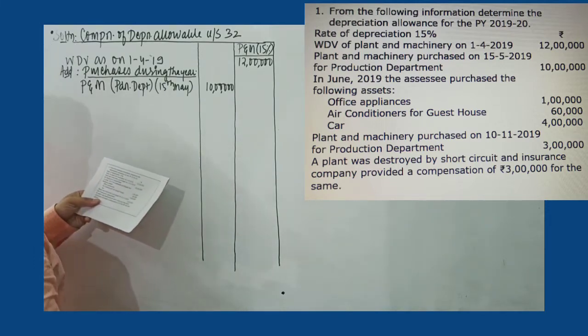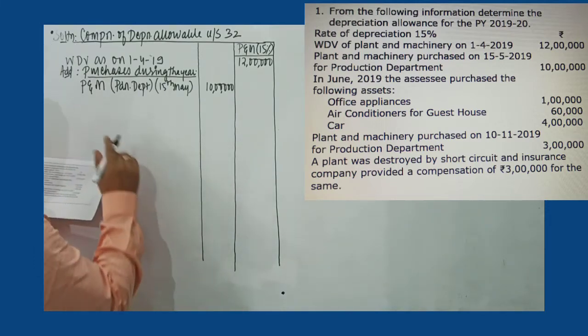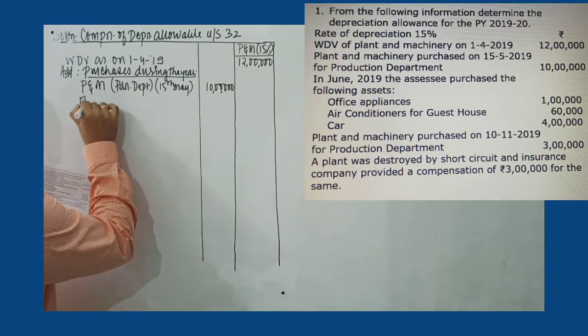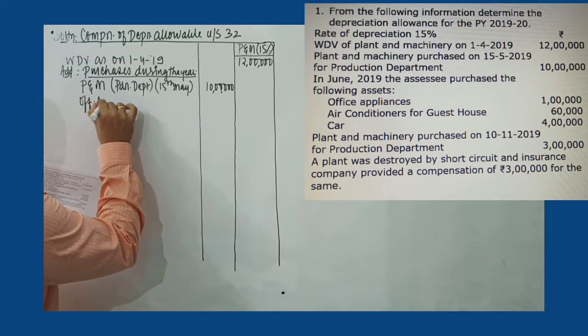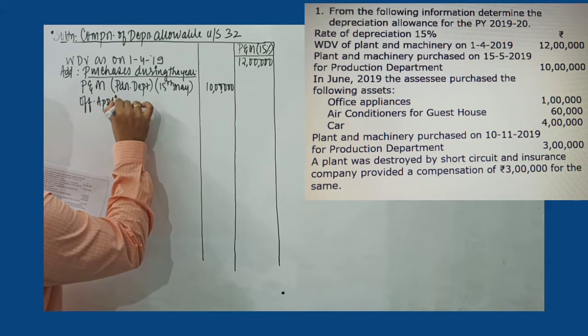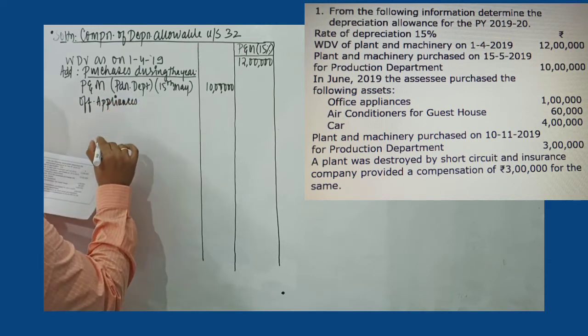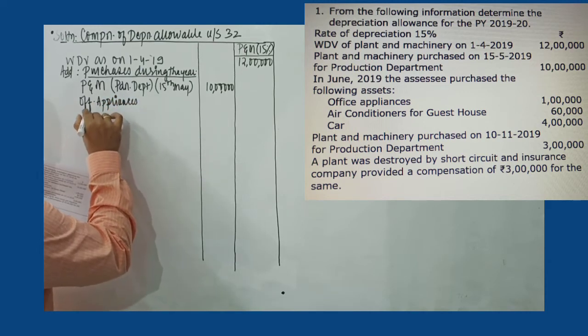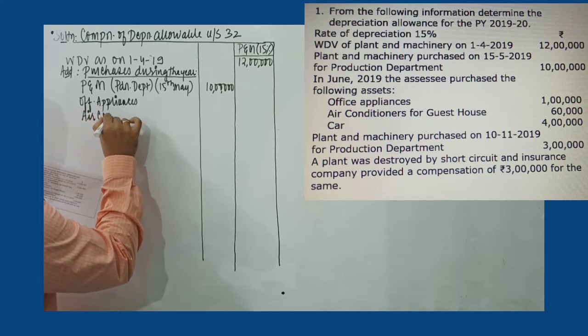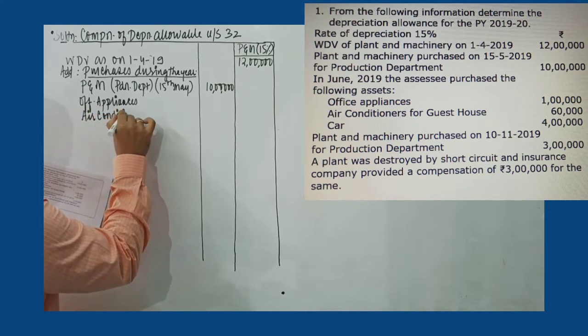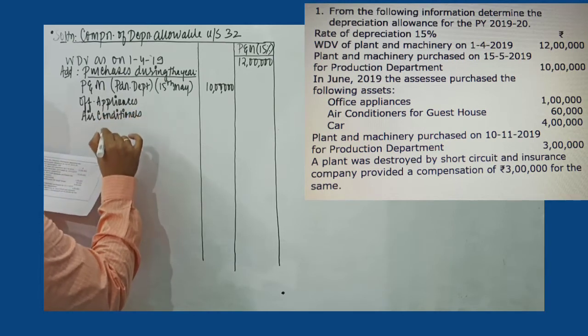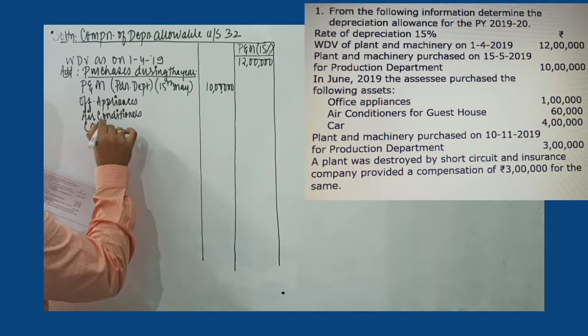Then in June 2019, the SSC purchased the following assets. So I record over here office appliances. Then we have air conditioners for guest house, not for factory. Then we have car.